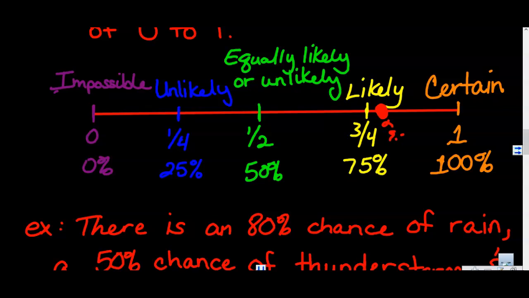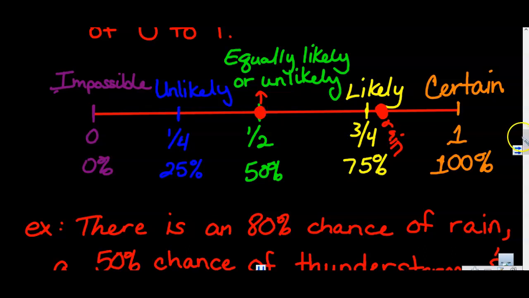Rain. There we go. Okay, what about thunderstorms? Thunderstorms is a 50% chance. Well, 50% right there. Okay, so we would say that this is equally likely or unlikely to happen. Maybe, maybe not kind of deal.